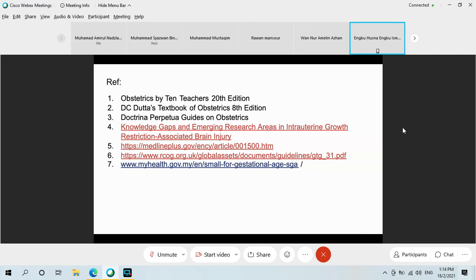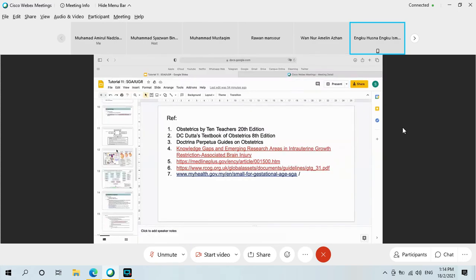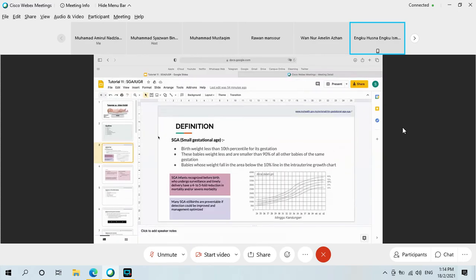Okay, to make it brief. SGA is where the baby is smaller than the general population, as mentioned by the first presenter, less than 10%. The 10% babies out of the 90%. For SGA, we follow a chart that is not made for Asians, we follow the UK or US chart.